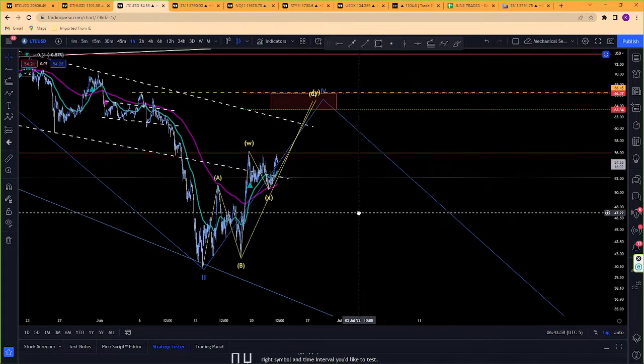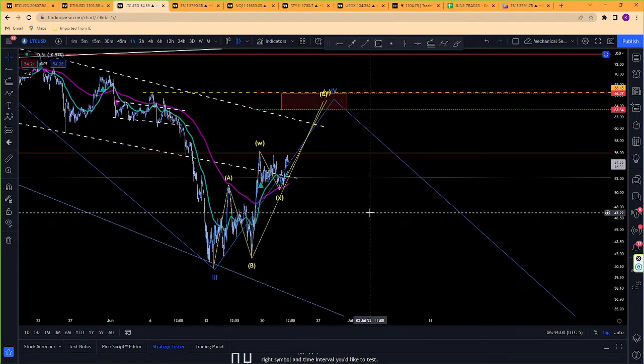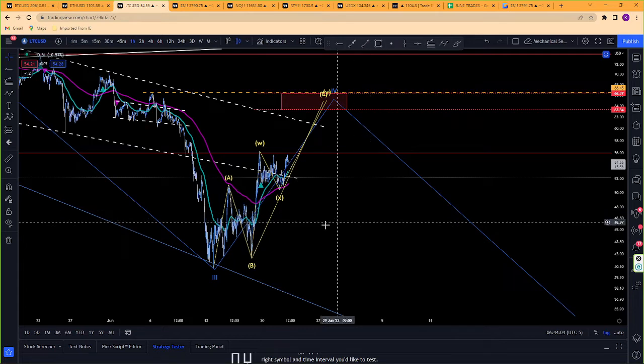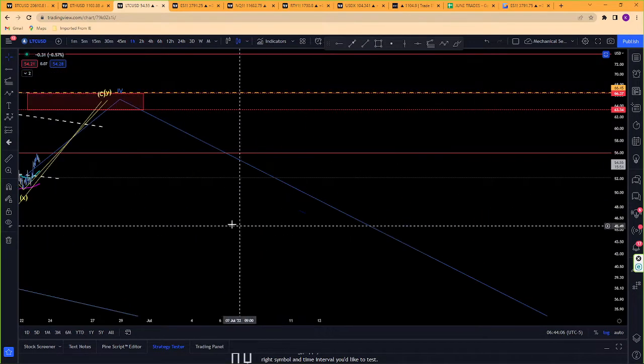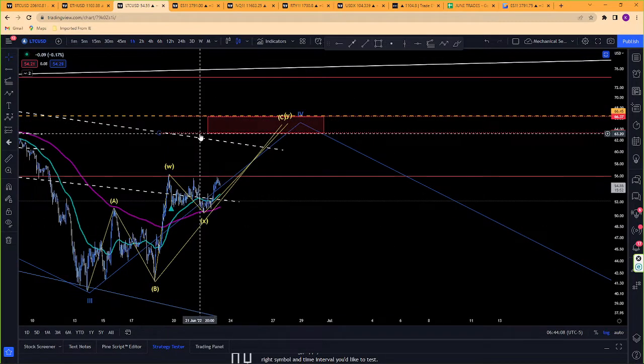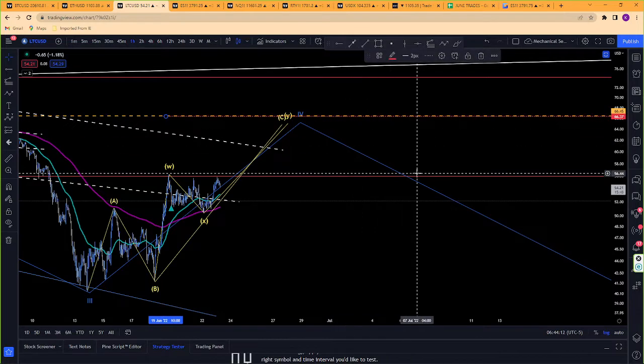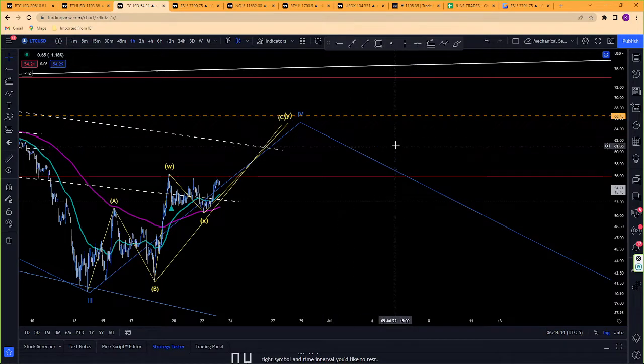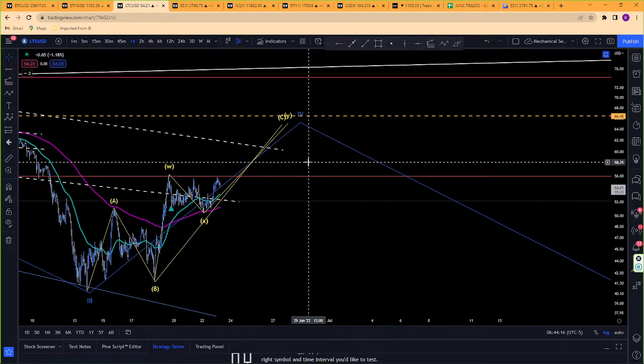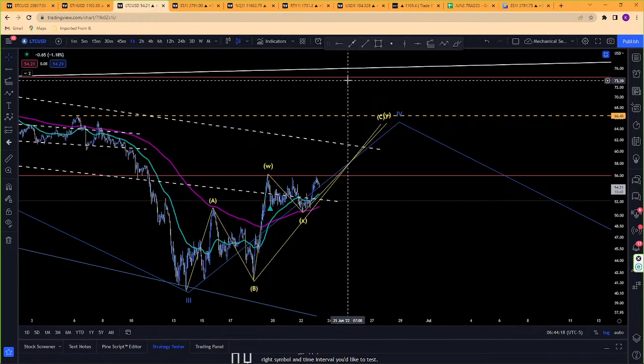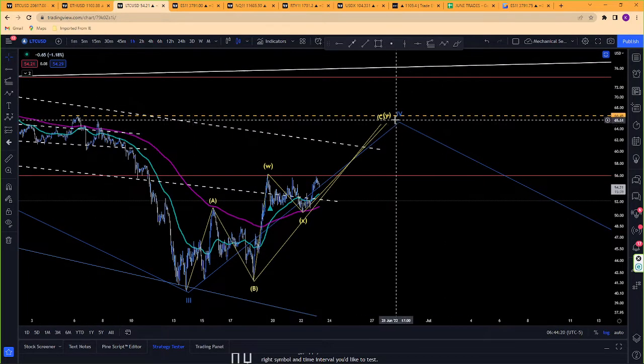The problem with Litecoin is that we are reaching so high. I know you guys are like, oh no, where's your box? I'm not shorting it this close to an invalidation level.